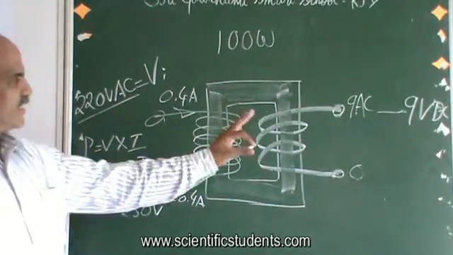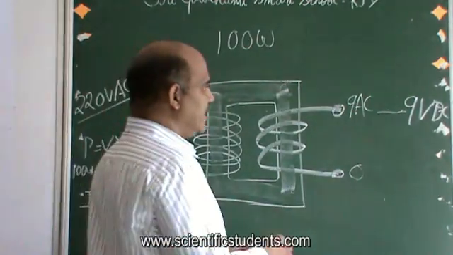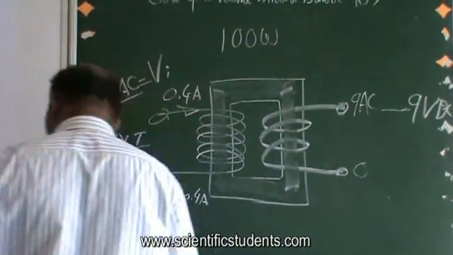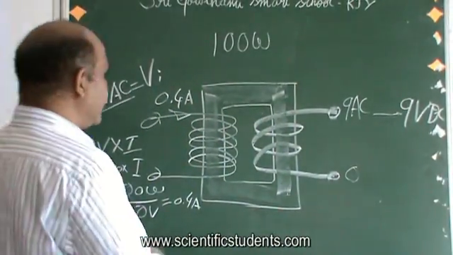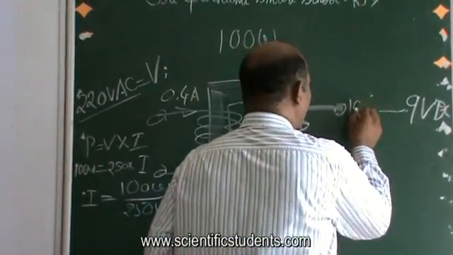Now I designed this transformer in such a way that my output voltage, instead of 9 volts, to make your mathematics easy, I just made it 10 volts.